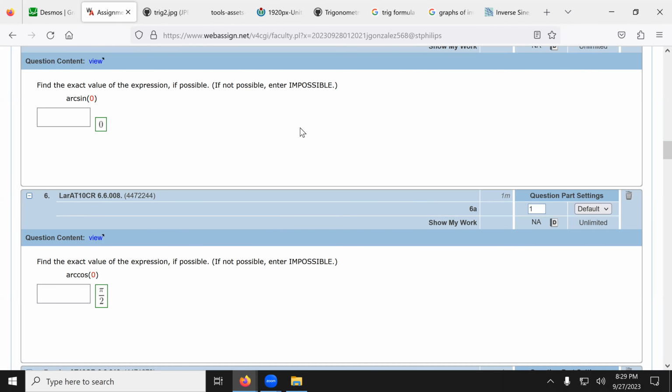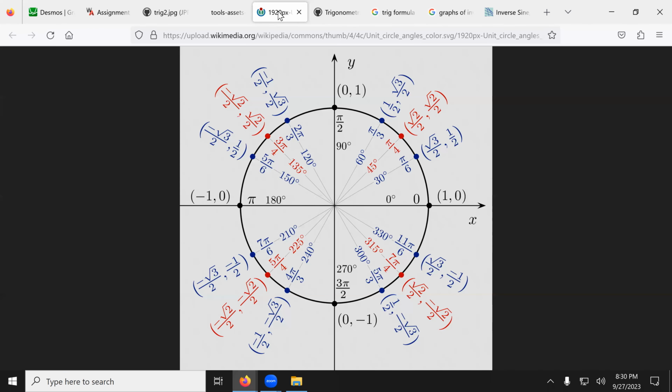So now think back. The unit circle, we said that the sine and cosine were the x and y values. So this right here was cosine of 0, right?